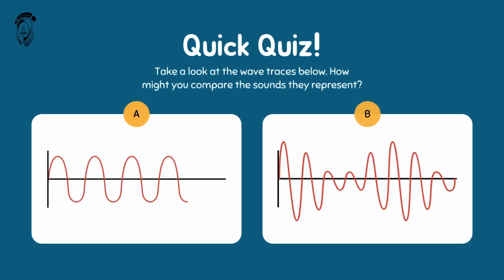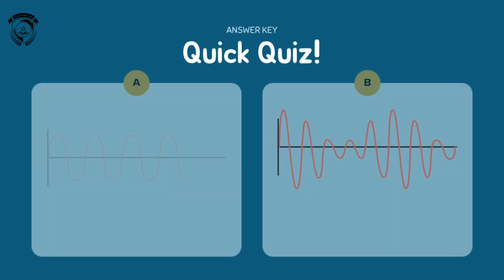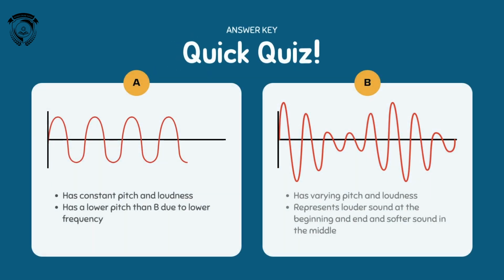There is a quick quiz. Take a paper out and tell me how you compare the two sounds in front of you. The A sound has a constant pitch, as you can see in the trace in front of you, and it has a lower pitch than B. Why?